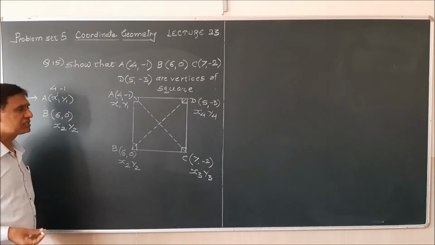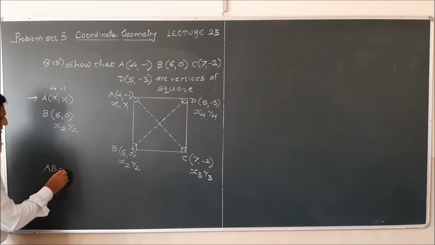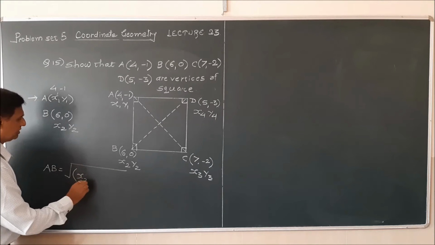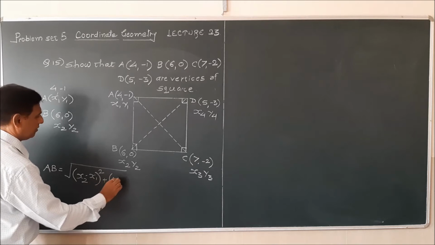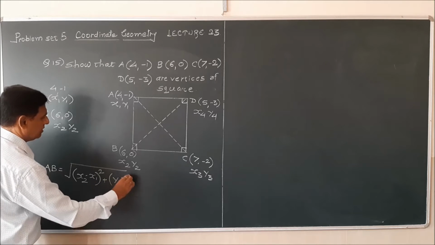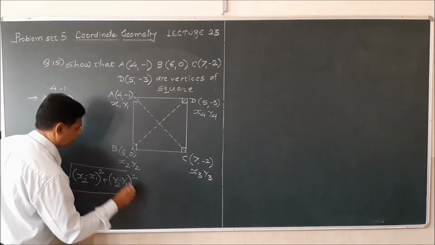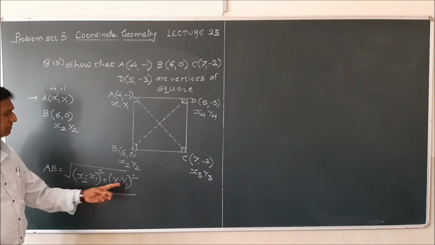Then by distance formula, AB is equal to root of x2 minus x1 the whole square plus y2 minus y1 the whole square.